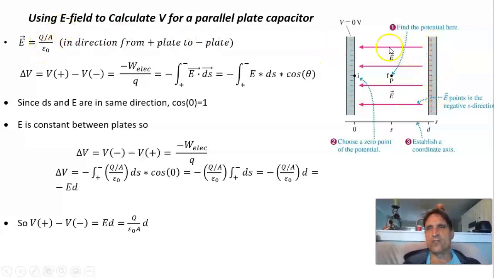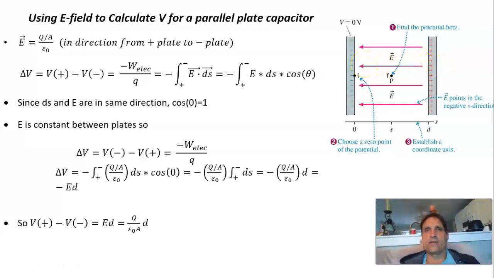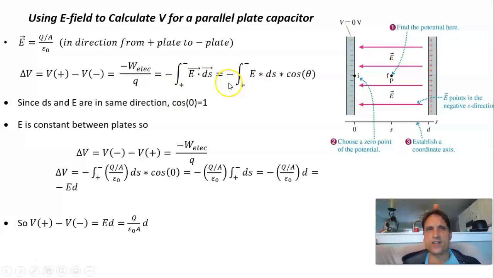In other words, the electric field between the plates is constant and it points from positive toward negative. Okay? So let's integrate that. We know what the electric field is. What we want to do now is get the potential difference between the two plates of the capacitor.